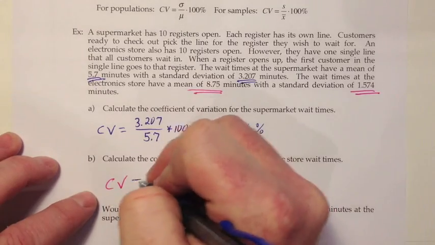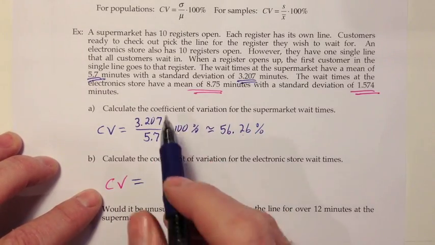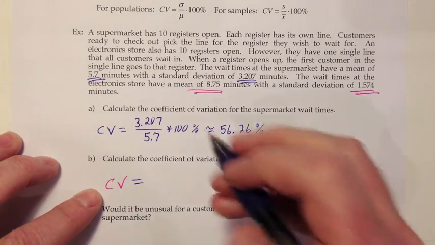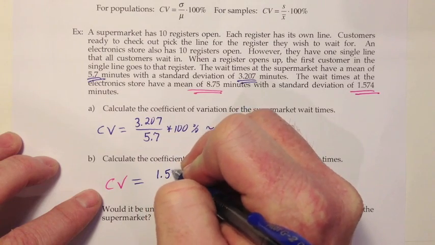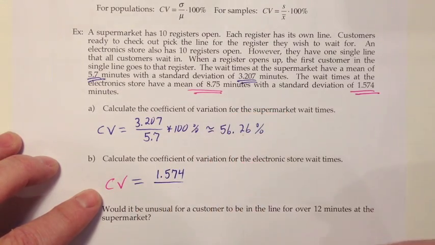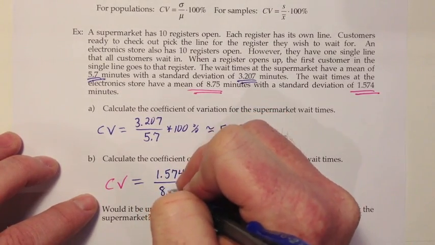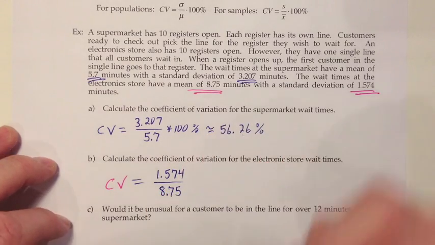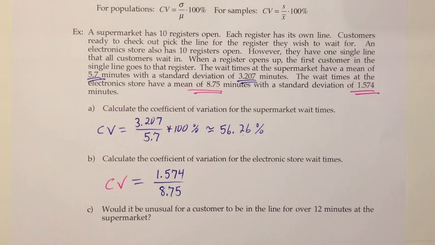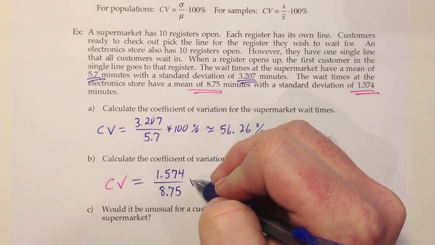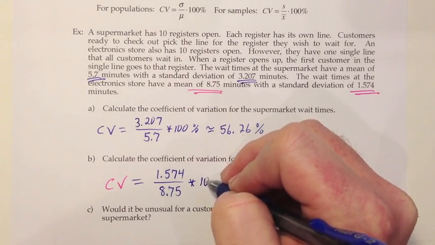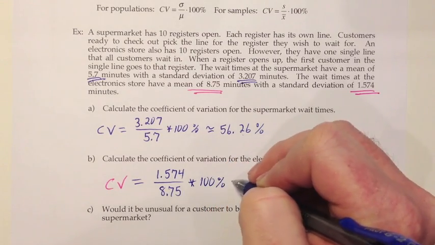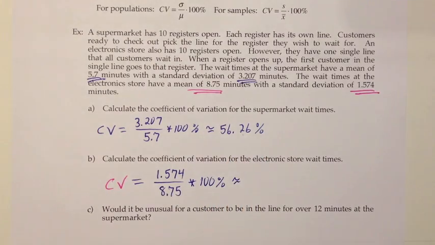What's our standard deviation for the electronics store? 1.574. And divide that by the mean, which is 8.75. Again, that in my mind gives us the percentage in decimal form, and I would slide the decimal over on my own, but this formula builds that in by doing the times 100%, so we'll go ahead and follow that.